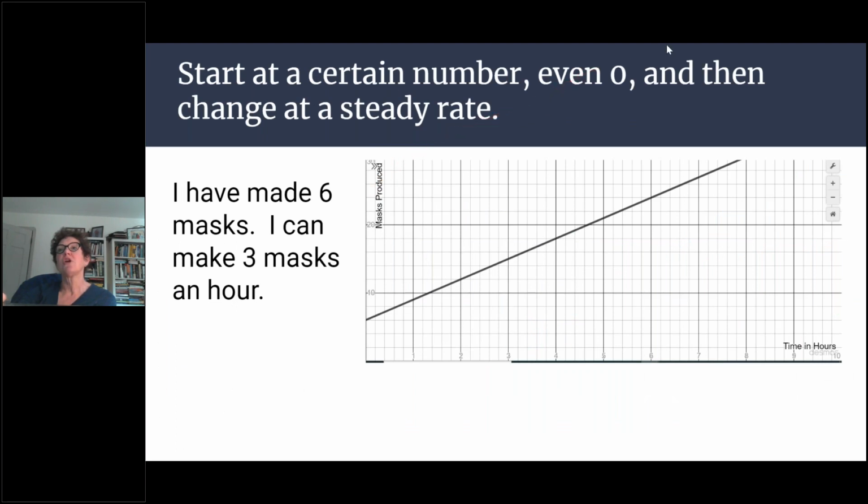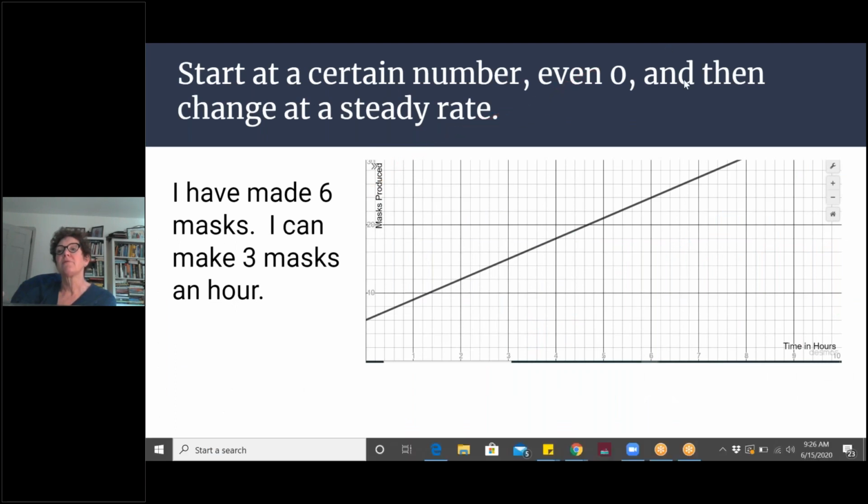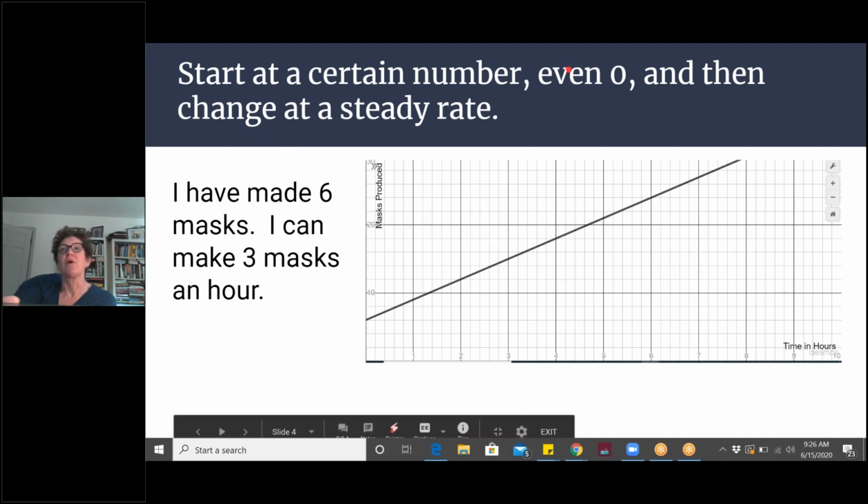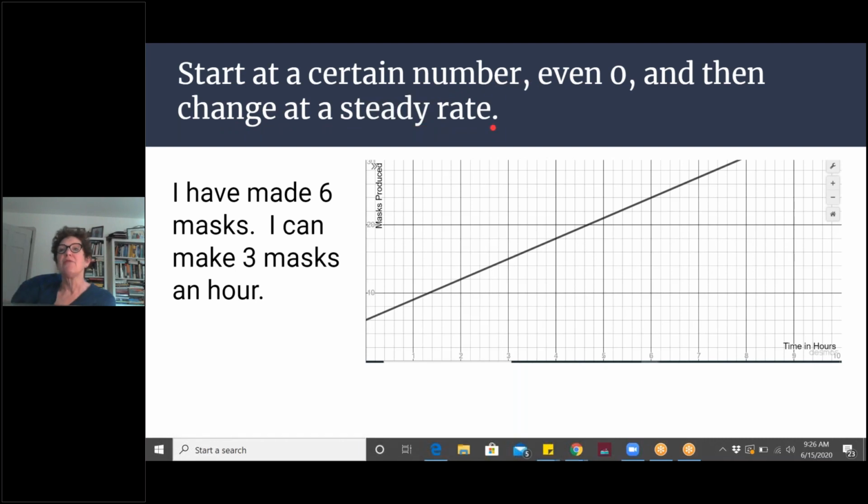We need to start at a certain number, and it can even be 0, and then change at a steady rate. That is what a linear equation is telling us, that I'm going to start somewhere, and then I'm going to add the same amount at a certain, defined interval.